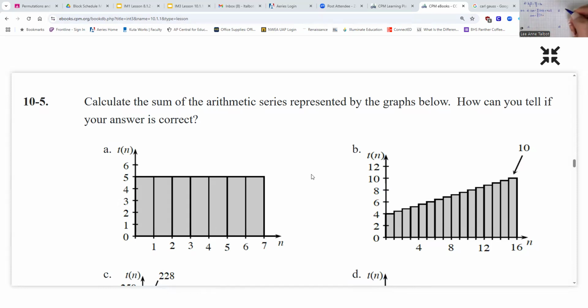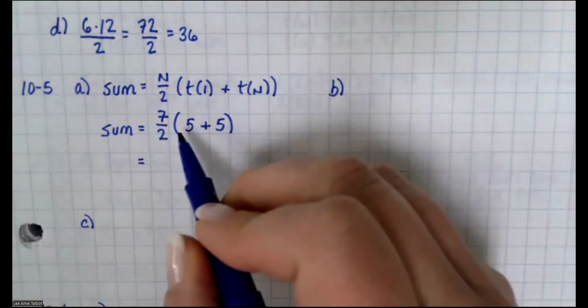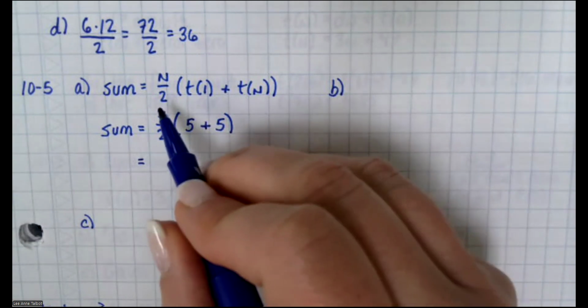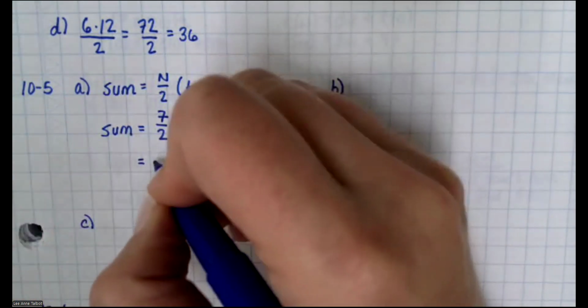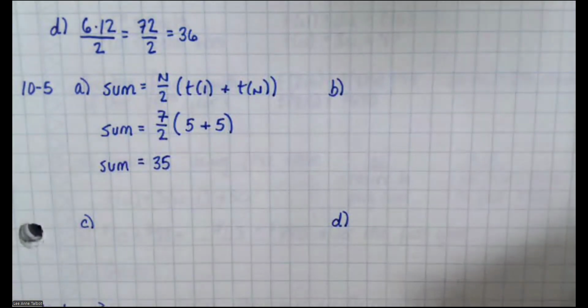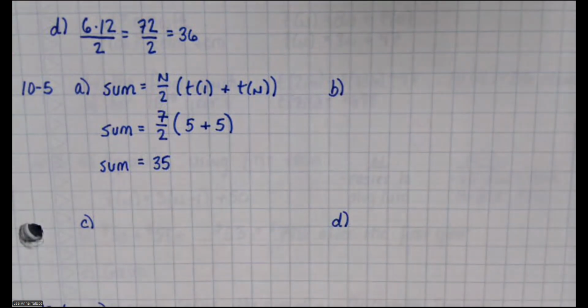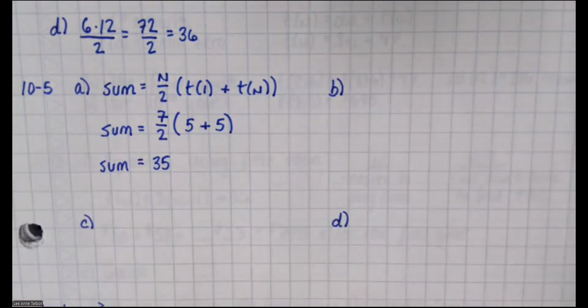And what's the height of the last bar? 5. Okay, so this is 10 times 7 is 70, divided by 2 is 35. Do you guys get what I'm laying down here? We're not going to write the formula again. We're just going to look at the picture.